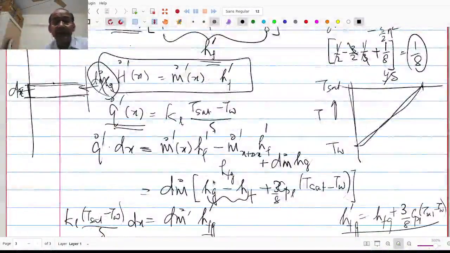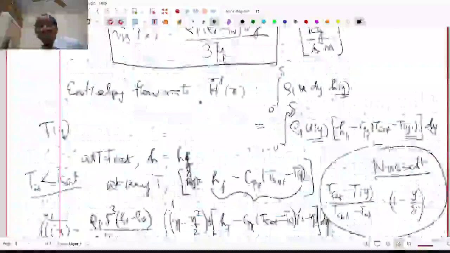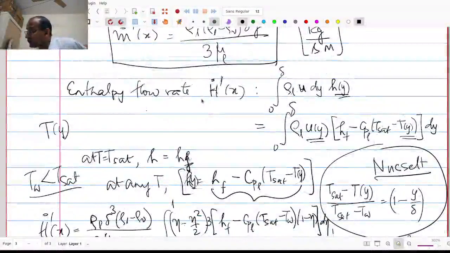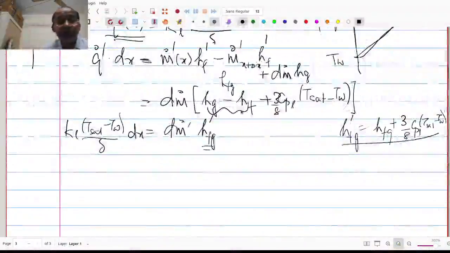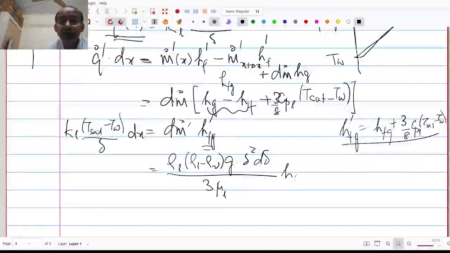So m dot prime of x is given by this expression, which is rho L into rho L minus rho V into delta cube G by 3 mu L. So this dm dot can be written as rho L multiplied by rho L minus rho V into G into delta square d delta divided by 3 mu L, and that multiplied by hfg prime is the expression that I would get.